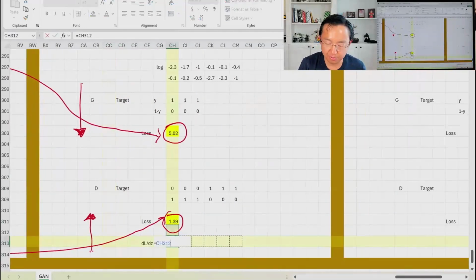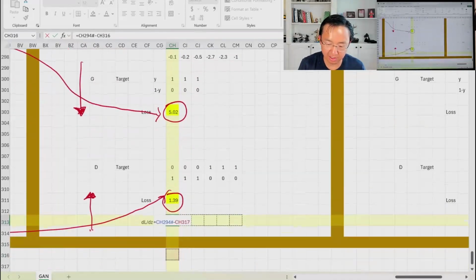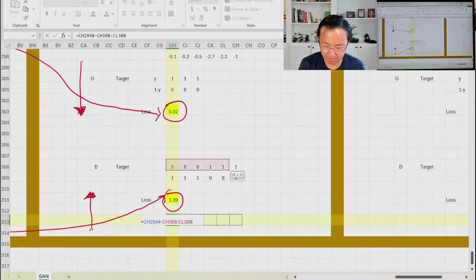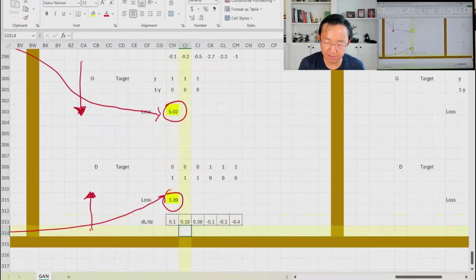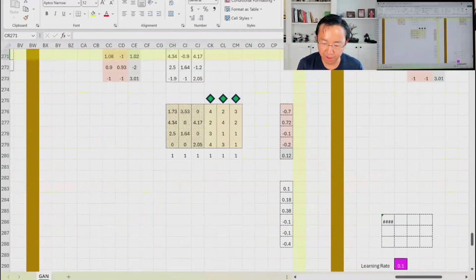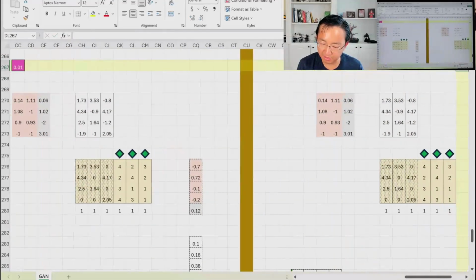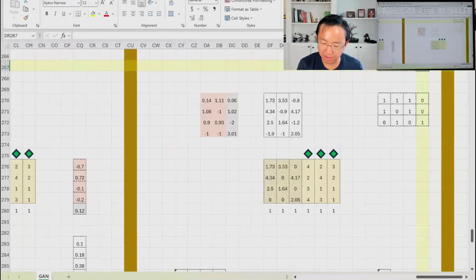To kick off my gradient, it's going to be my prediction, so I select my prediction, and minus my target, to kick off backpropagation. Then I'll propagate up here to the generator side, and because now, wait, am I updating the generator?